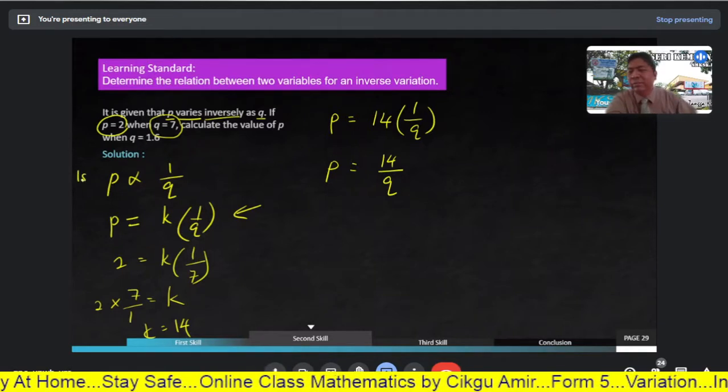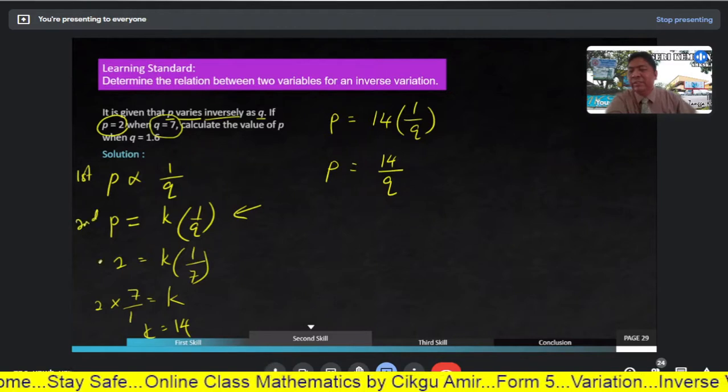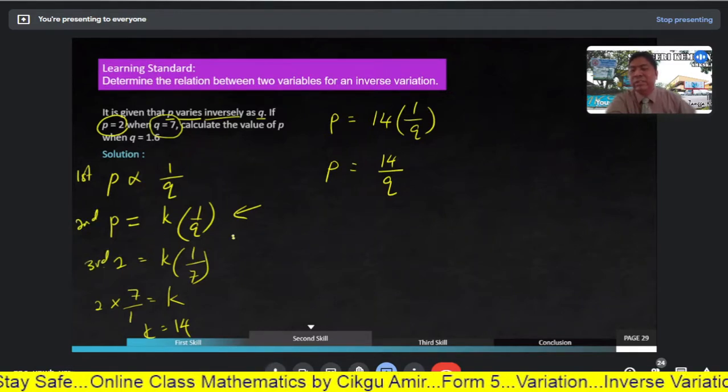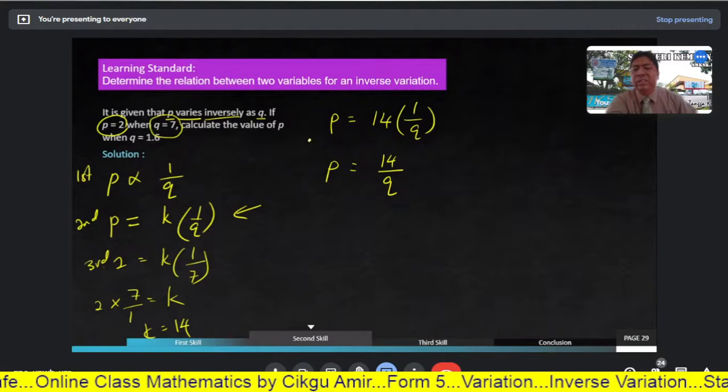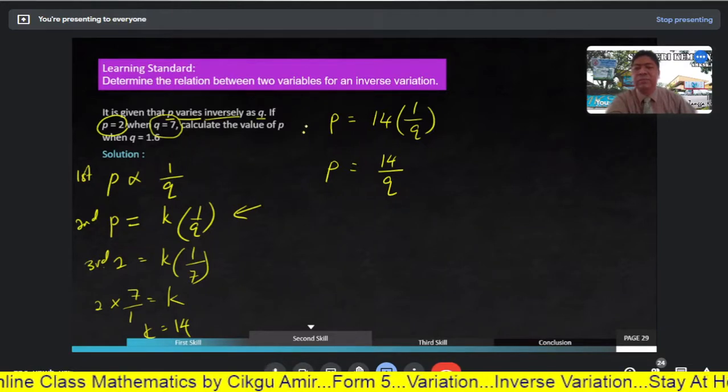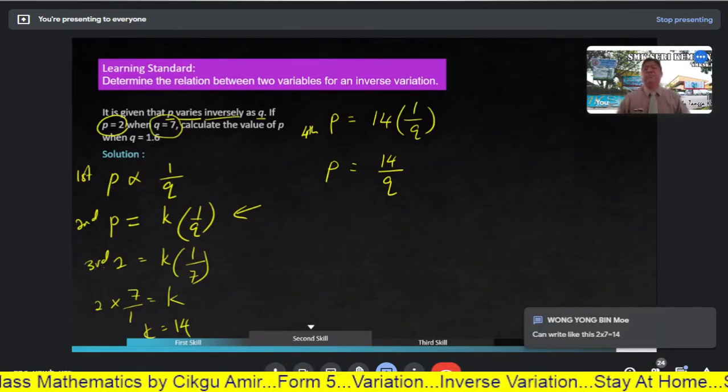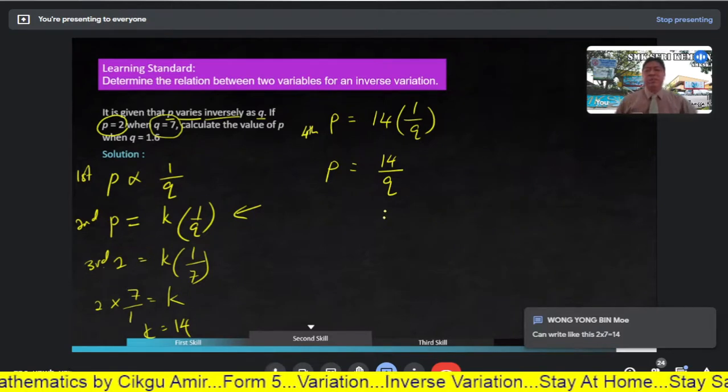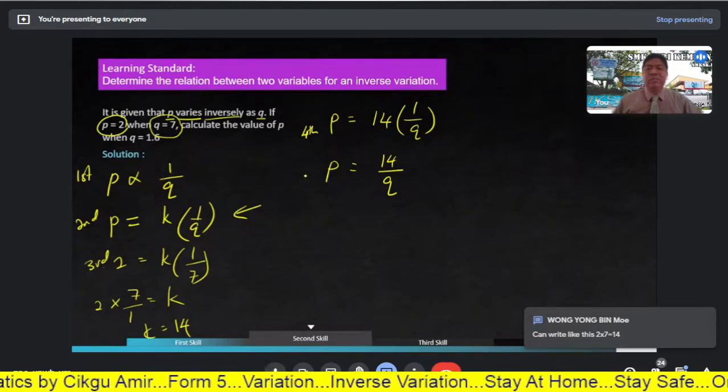The first step is here, second step is here, third step is here. Solve this. This is the fourth step: P equal to 14 over Q.